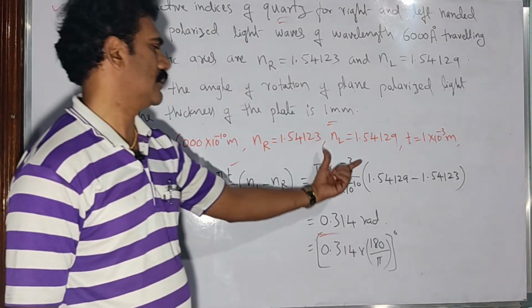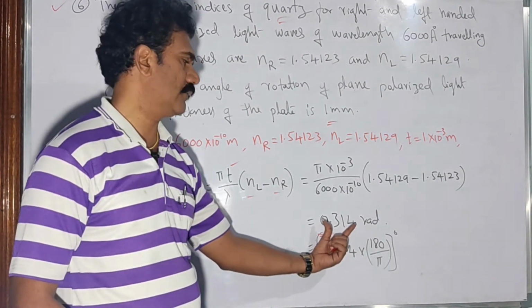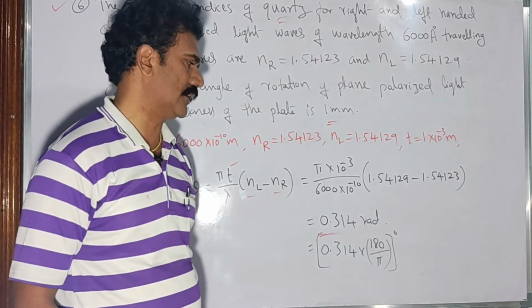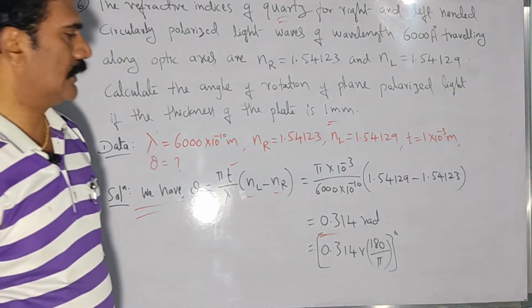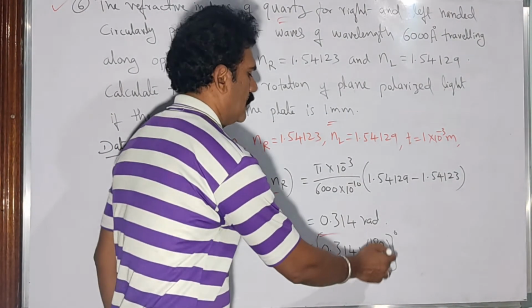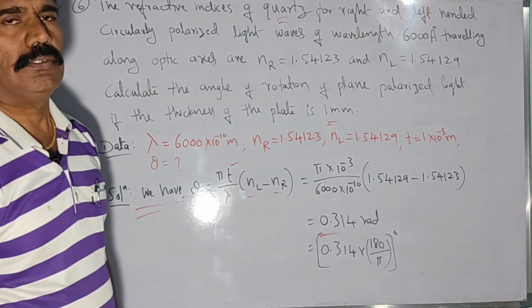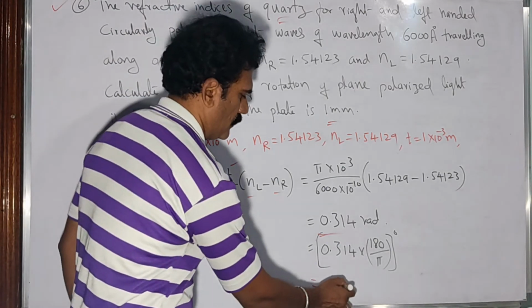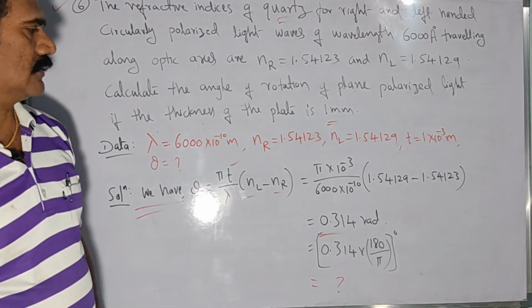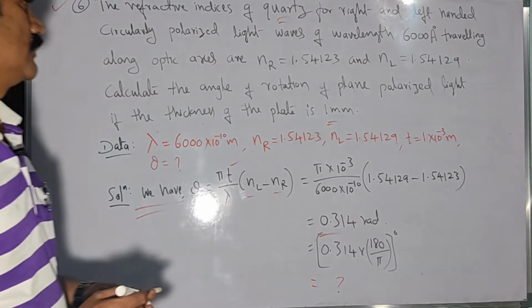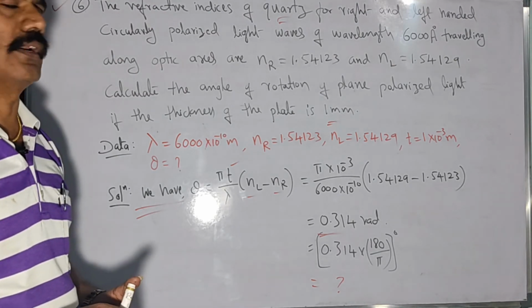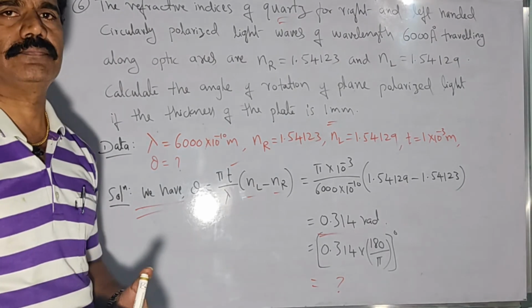Whatever value you get is in radians only, so write the unit, 0.314 radians. If you want, you can convert it to degrees by multiplying with 180 by pi. Check that answer also in terms of degrees. So that is the value of theta, the angle of rotation of plane polarized light.